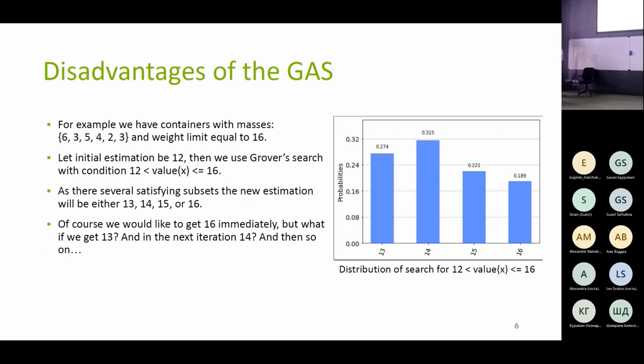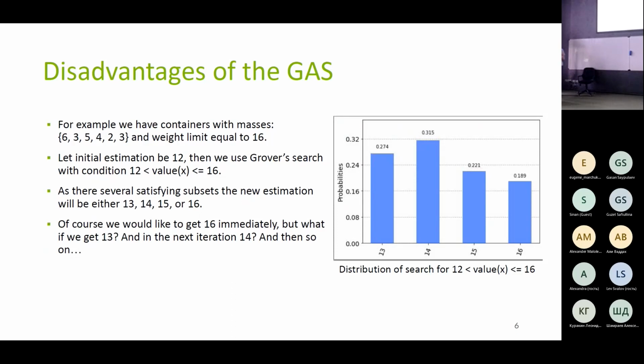First of all, you may look at this example with these 6 containers, and let's say the limit of total weight was 16. If at some point we had an estimated answer of 12, then the function to check with this Grover search is values that are bigger than 12 and less than 16. And there are 4 possible answers, and what we will get is chosen randomly, depending on this distribution.